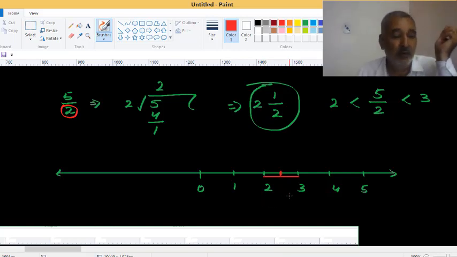In geometry, I will teach you how to divide a line segment in required number of parts. It is geometrical method, but in such cases we will divide a number line free-handedly. No need to take geometrical methods. So fix a point here right between 2 and 3, and this number will represent 5 upon 2.